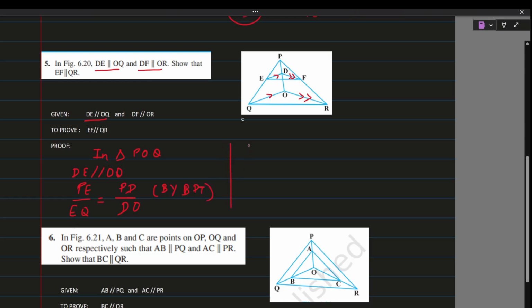Now in the next triangle, we will use DF is parallel to OR. In triangle POR, it's given that DF is parallel to OR. From here, again by using the BPT, we can say that PD by DO will be equal to PF by FR.